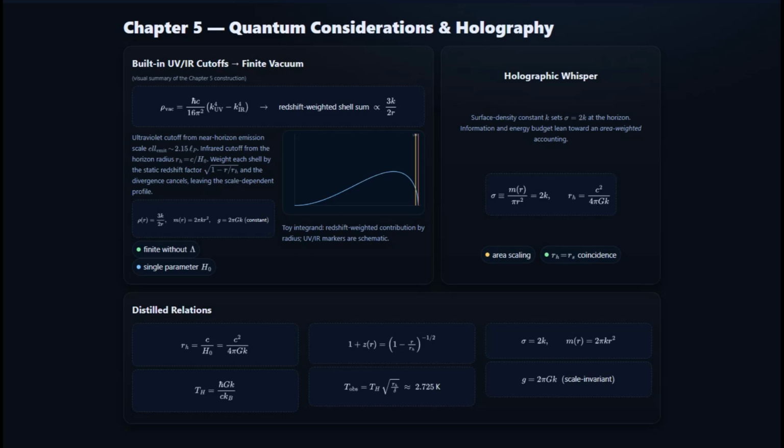So in chapter 5, I'm able to revisit this problem because I have 3 new things in my toolkit. I have scale dependence. This is an absolute necessity. And there have been quantum physicists who talked about scale dependence and energy density in the past. But I also have 2 natural cutoffs: the emission point of the Hawking radiation from the horizon, and the horizon itself.